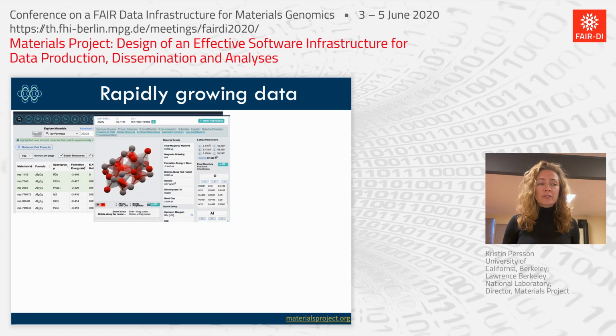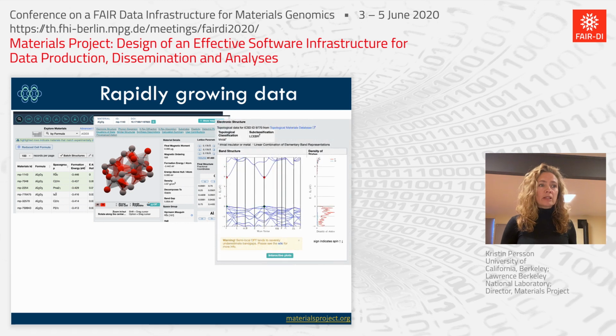Let's say that I click on one of these. I first get the crystal structure and the calculated lattice parameters. I get things like its potential magnetic ordering, not in this case. I get the band gap, if there is one. I get how stable it is with respect to other phases in that chemistry and so forth. I also get the calculated band structure with associated warnings given the level of DFT.